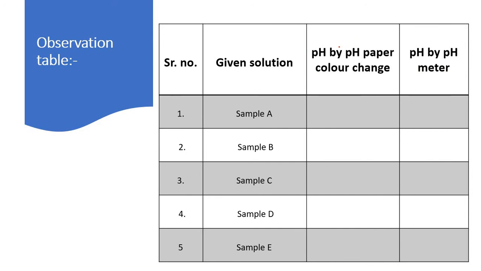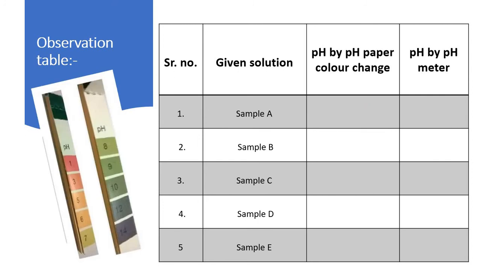So for the pH that we are checking by pH paper, you have to show the color and the range of pH. With the help of these pH strips, we are going to know the pH range and color. Suppose sample A has an orange color, then the pH is in the range of 1 to 2.